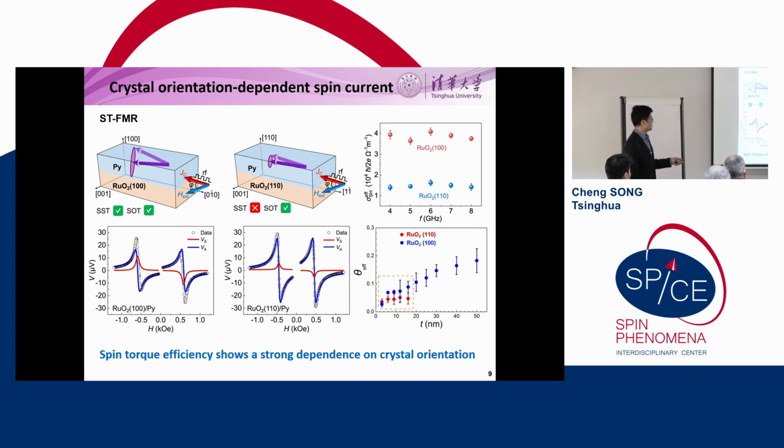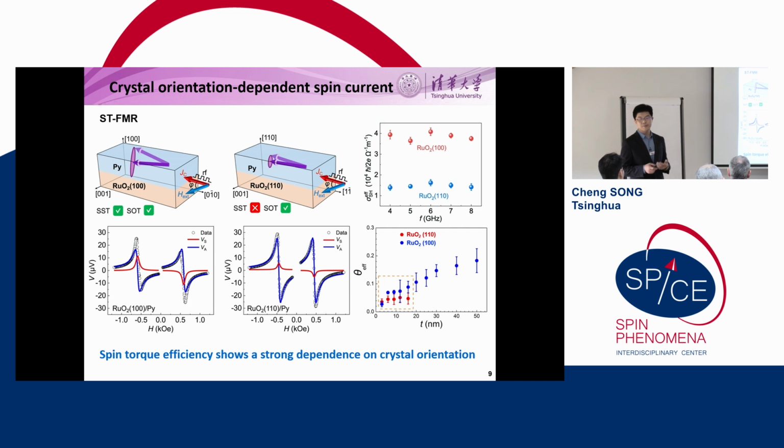Also, we summarize the ruthenium oxide film thickness dependence. This sample shows a larger spin Hall angle for the 100 sample. Also, this sample shows a very large spin diffusion length, almost 18 nanometers. So it combines a large spin Hall angle and a large spin diffusion length.